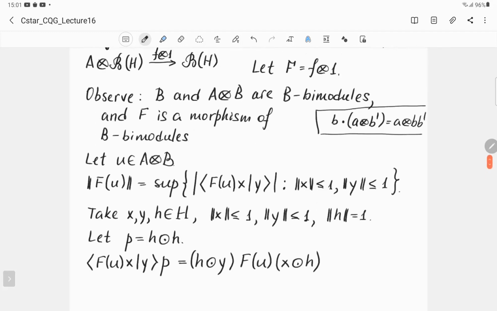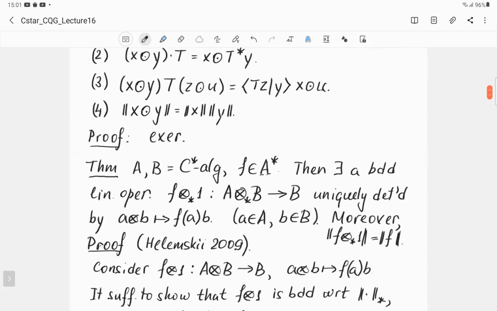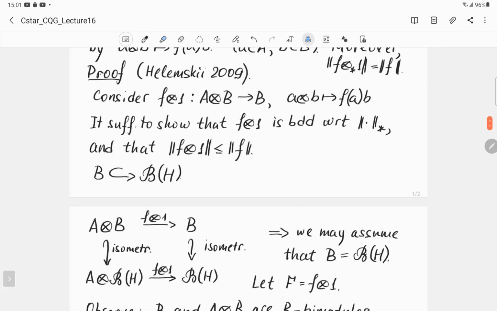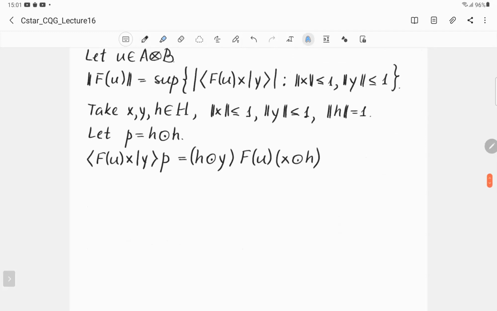Well, this is a special case of our previous proposition, a special case of formula 3. Okay, now we recall that F is a B bimodular morphism, so we can take these two rank 1 operators and move them inside F. So this is F applied to h circle y, u, x circle h.